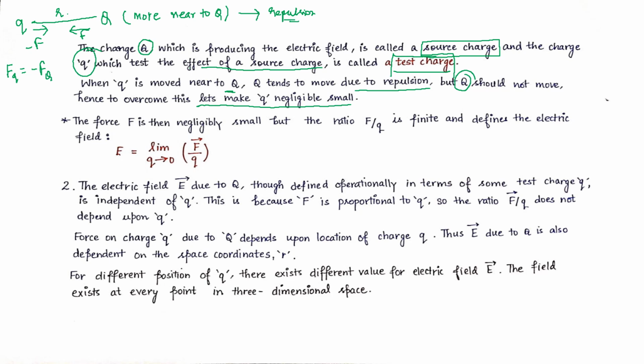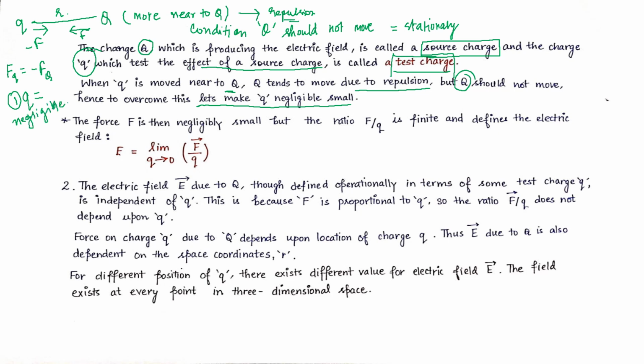Our condition to understand the electric field is that capital Q should not move. It should be stationary. In order to make capital Q stationary, the first step is to make our small q negligible.